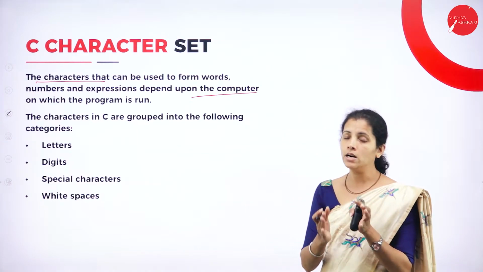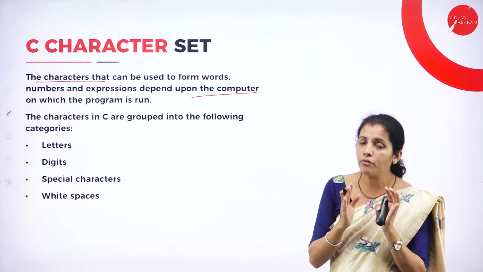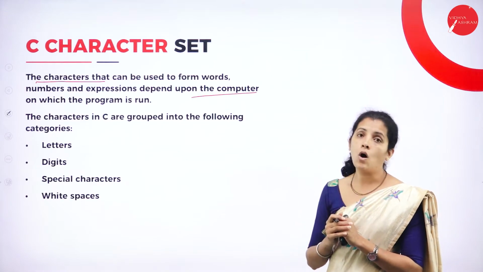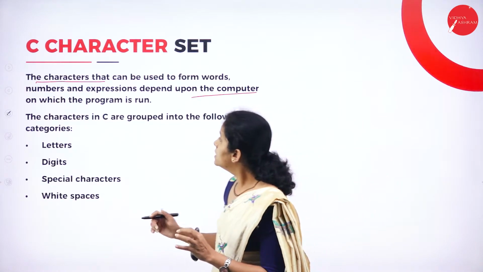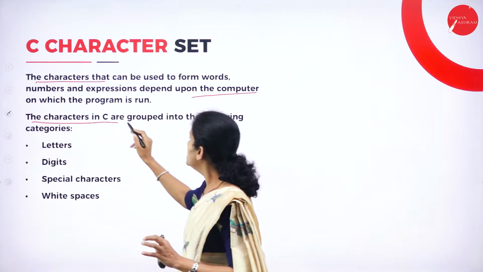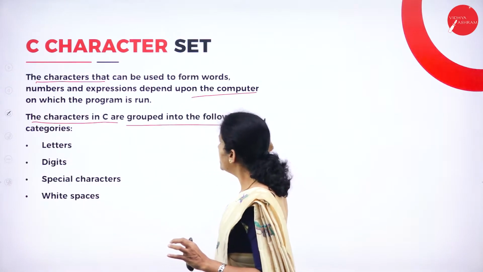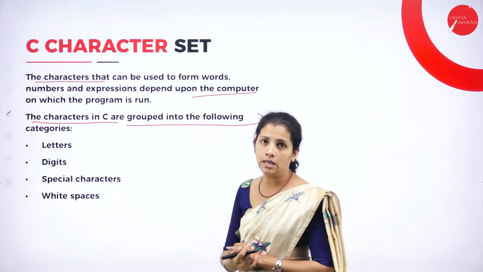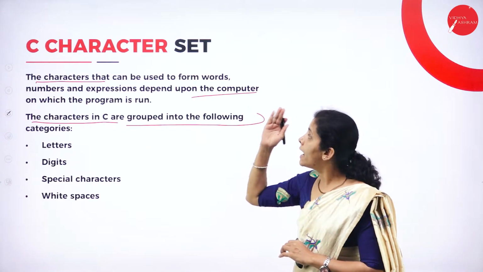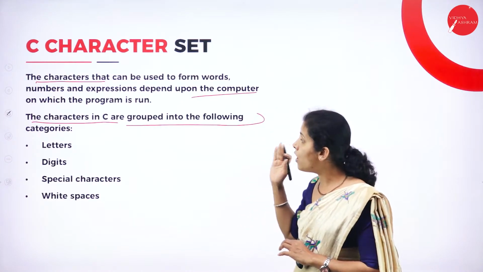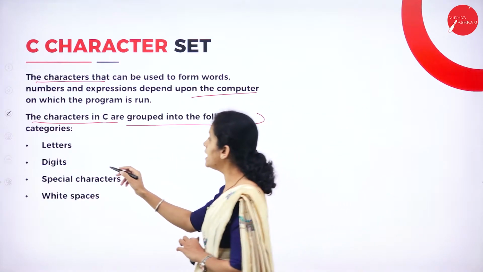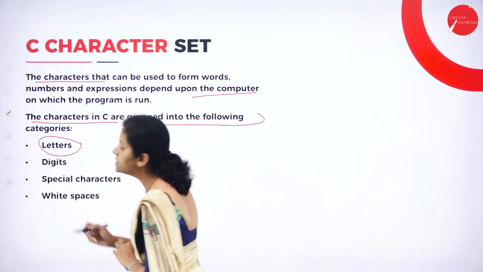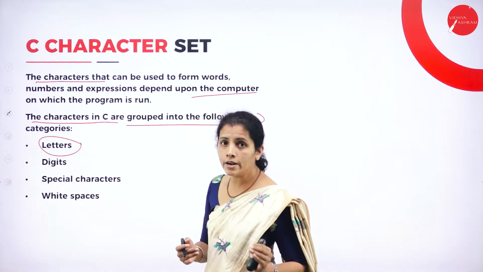I require character set mainly to form words or numbers and expressions. And the characters in C are grouped into the following categories. That means here character sets are made up of 4 categories, that is letters. I can consider the letters, and what kind of letter here?